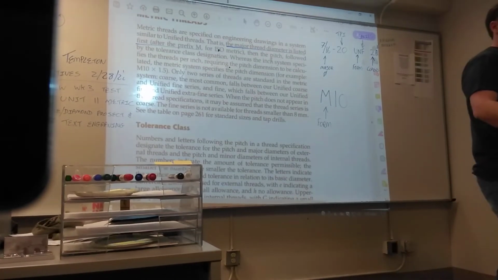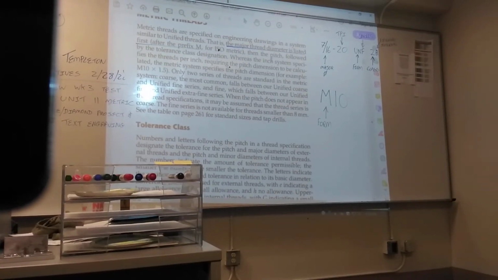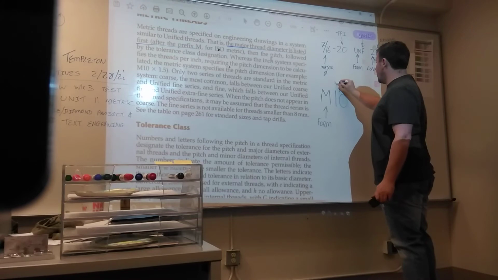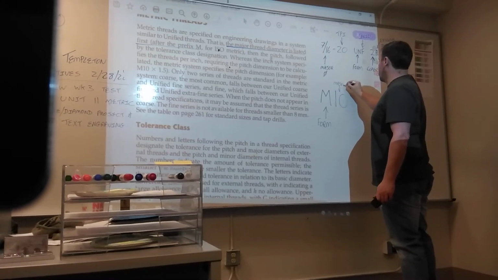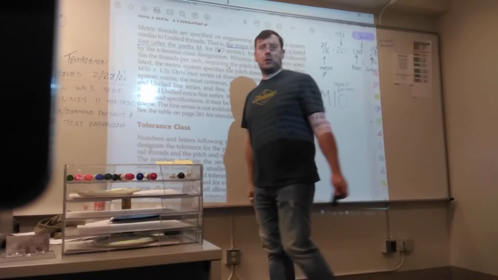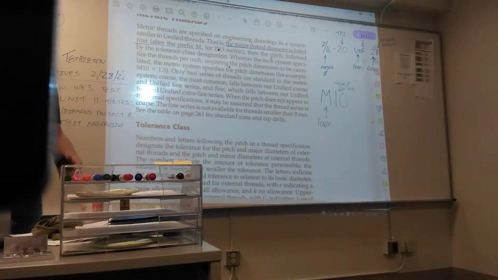Metric, which represents the form, the shape of the threads. What kind of threading tool you need to use to generate the threads. The 10 represents the major diameter. In what? In millimeters. We're not using inches anymore, it's millimeters.